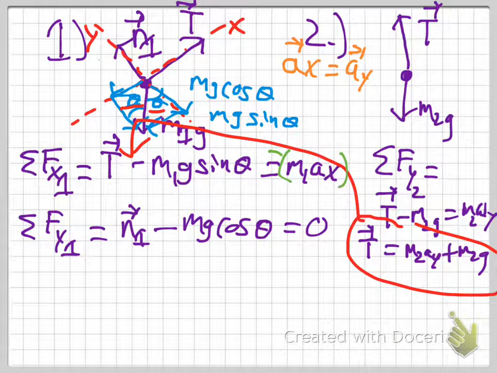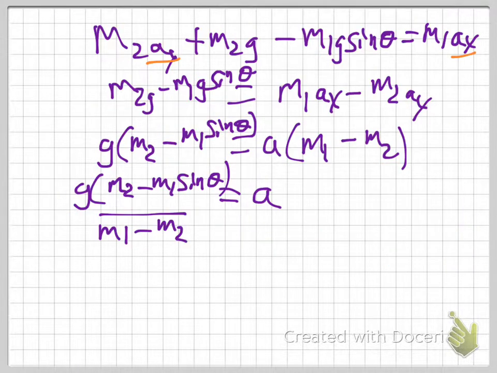This will stay positive, so I'm fine there. But what that changes is this right here. That's going to be negative, which means this is negative, which means right here, if I pull out the negative, this should be different.